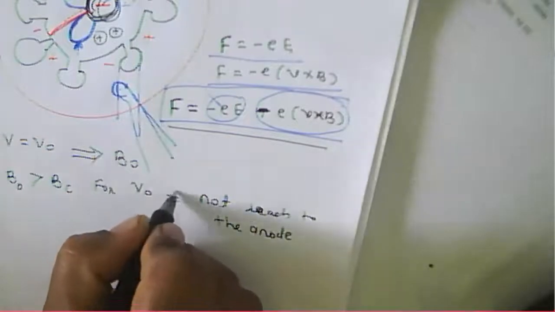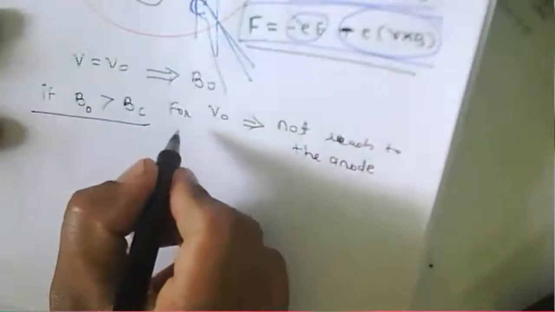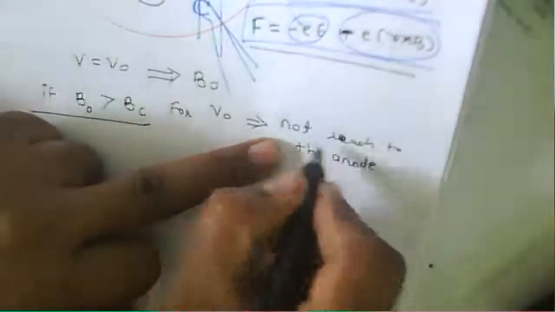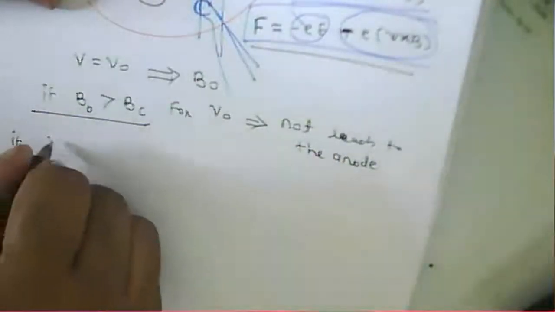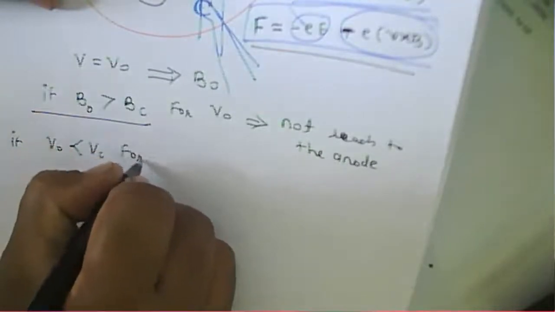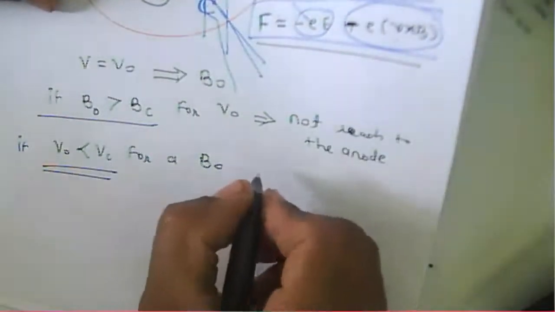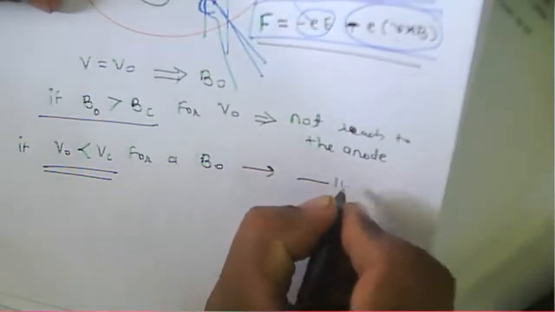The condition is that if B0 is greater than BC for V0, the electron will not reach the anode. But if V0 is less than Vc for a given B0 value, in that case too the electron will not reach the anode.